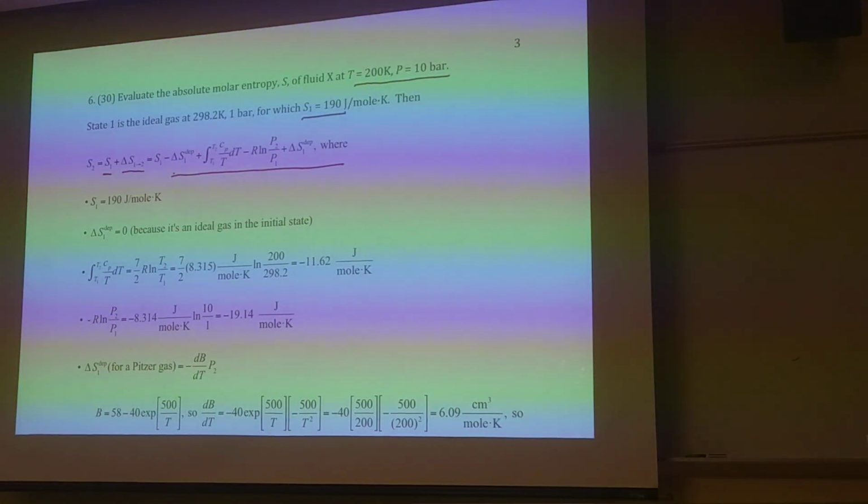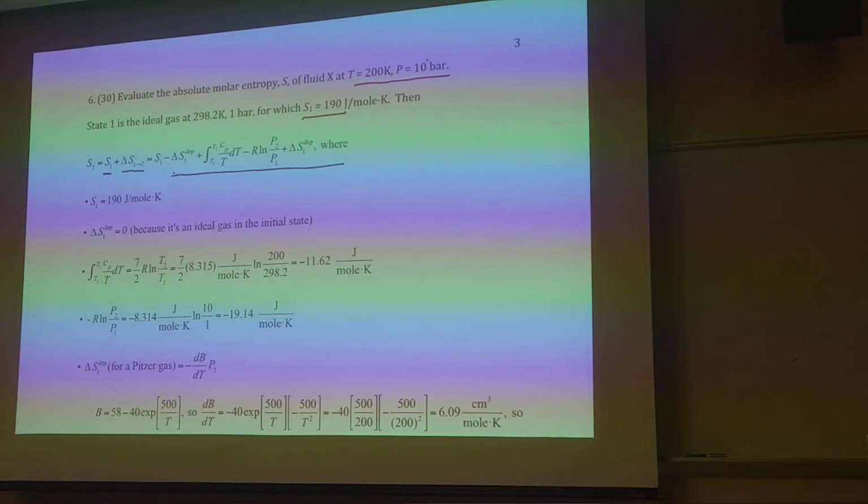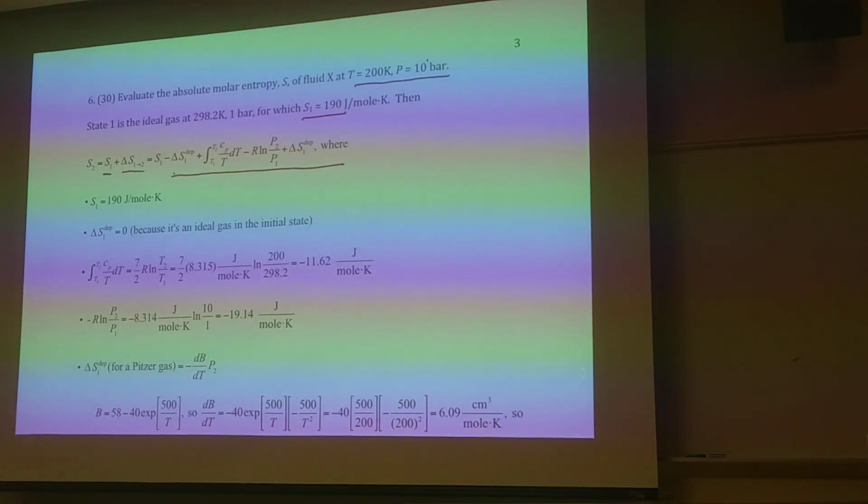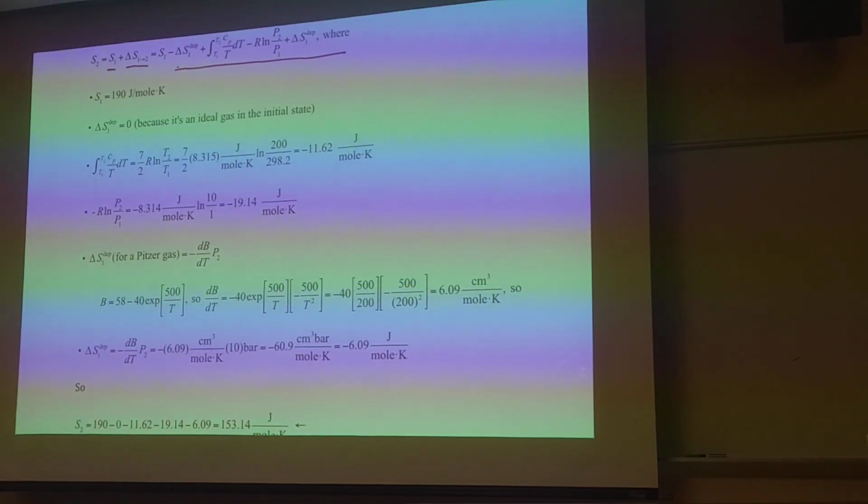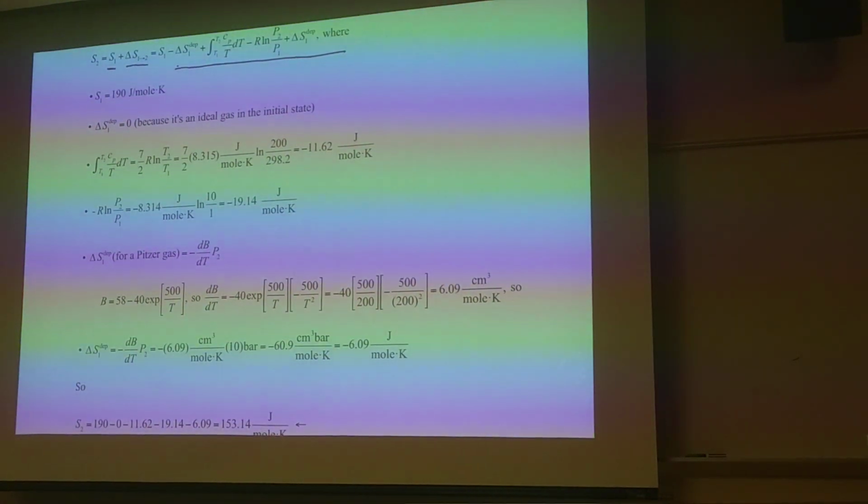Well, that final state we expect pressure here rather high, 10 bar, so we expect that that's going to be a non-ideal gas state, so we would have to evaluate it. And you're given information on the second virial coefficient, so you have the means to evaluate it. So there are a number of pieces in this equation. The S1 is, of course, 190 joules per mole K, given.